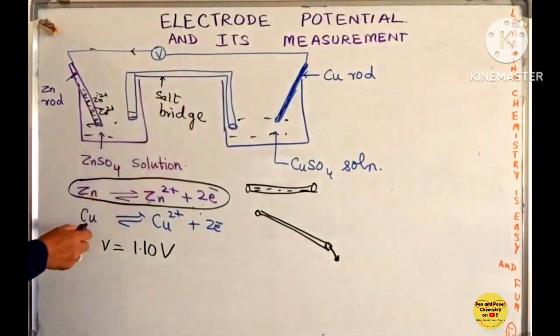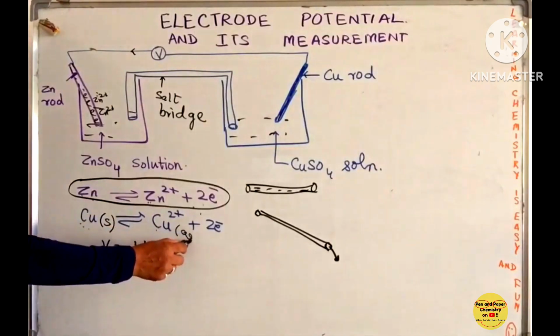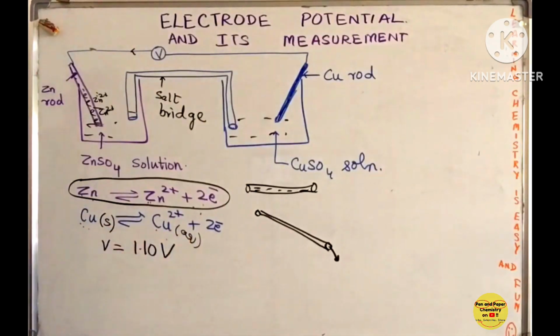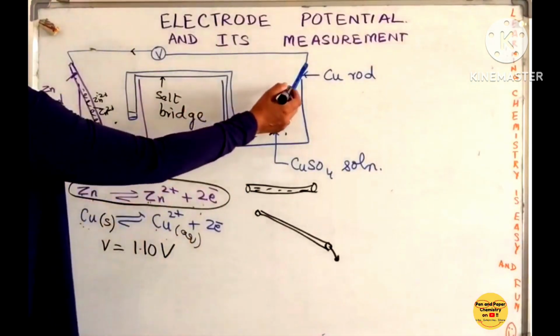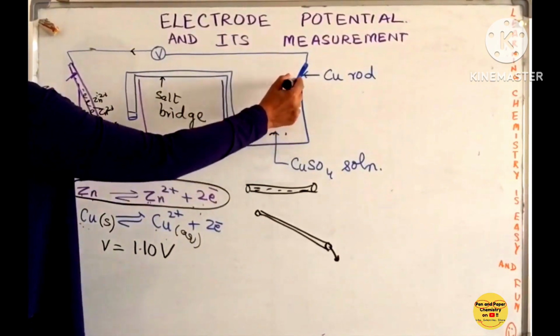Same way, we have copper in contact with copper ions. There will be an equilibrium between the copper metal, that is solid, and copper ions which are in solution. Because of the loss of electrons, this copper rod acquires a positive charge.